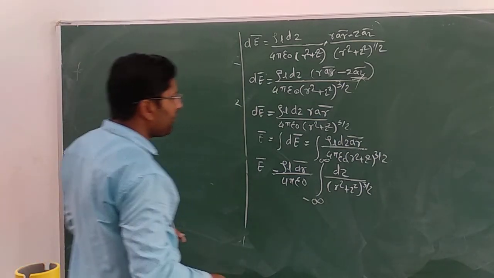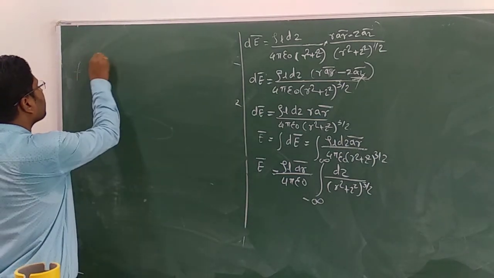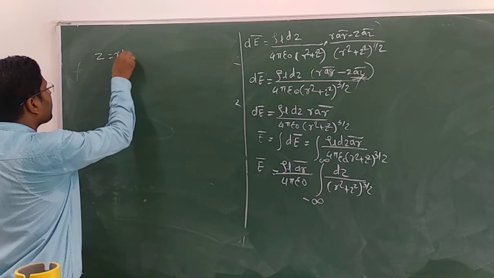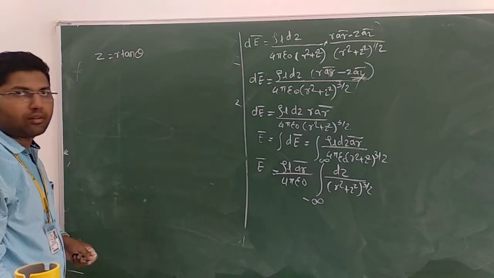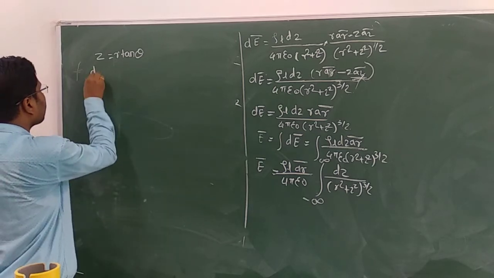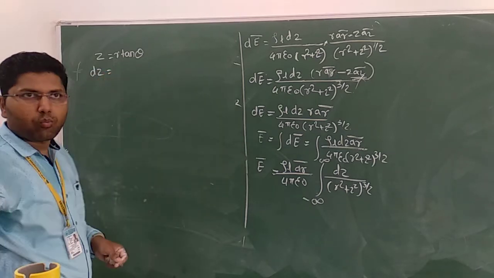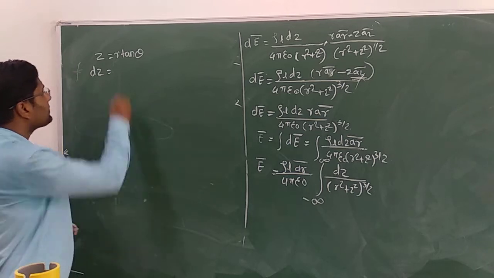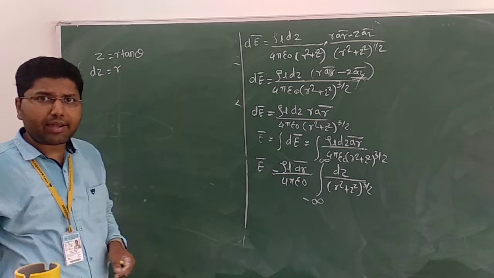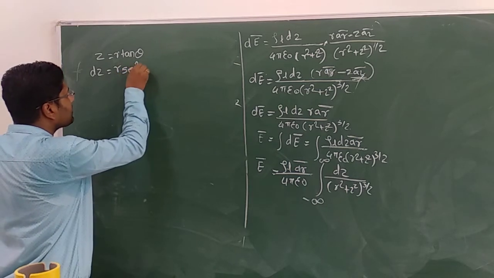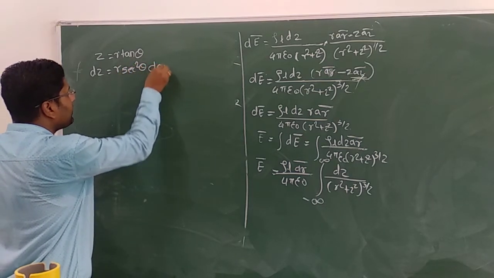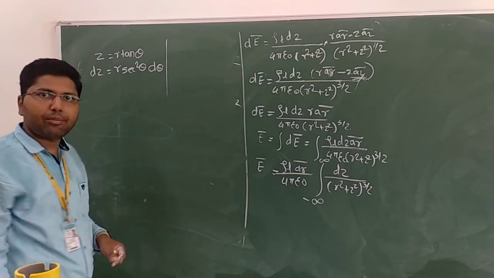Instead of Z, I will put R tan theta and differentiate. dZ is equal to R times the derivative of tan theta with respect to theta, and the derivative of tan theta is sec square theta d theta.